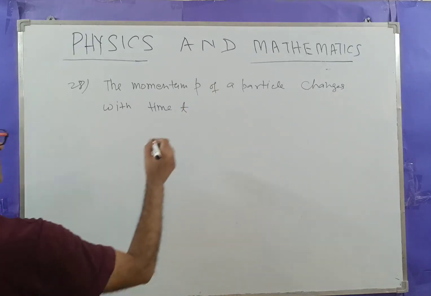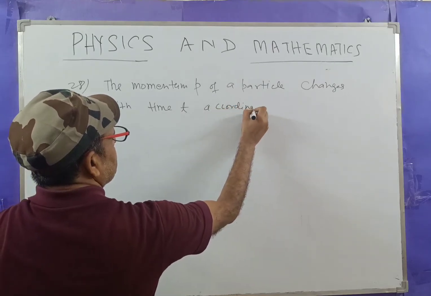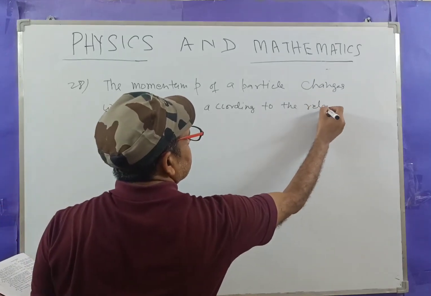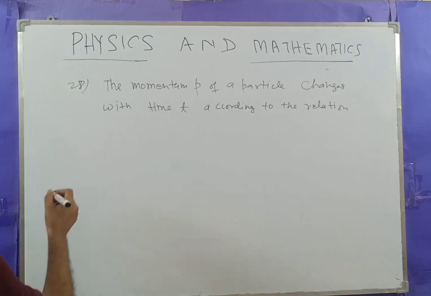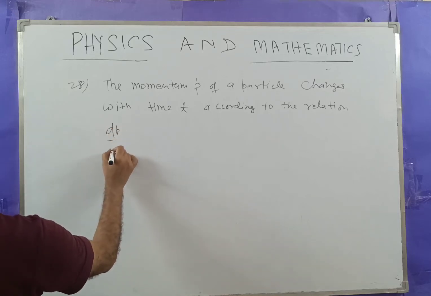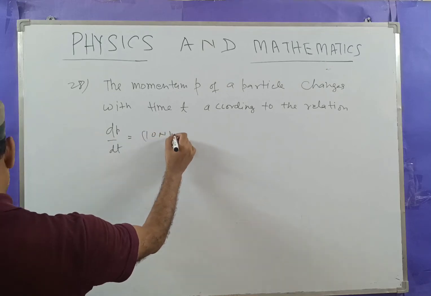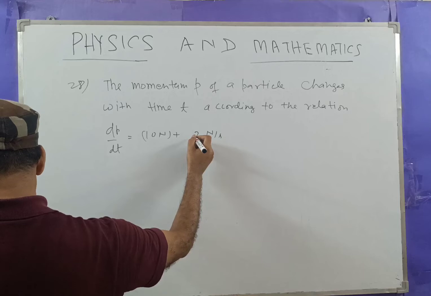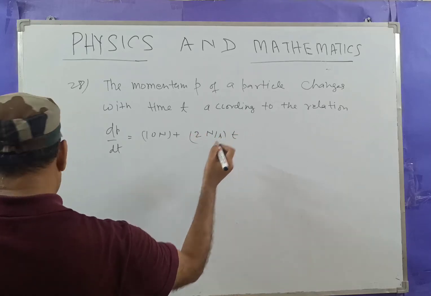according to the relation dP by dt equal to 10 Newton plus 2 Newton per second t.